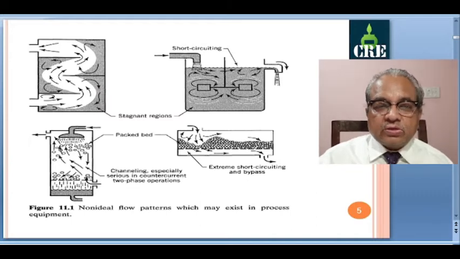The reaction mass, or the fluid as a whole, in this stagnant region will spend much more time than the fixed time tau, which is fixed by V by v.